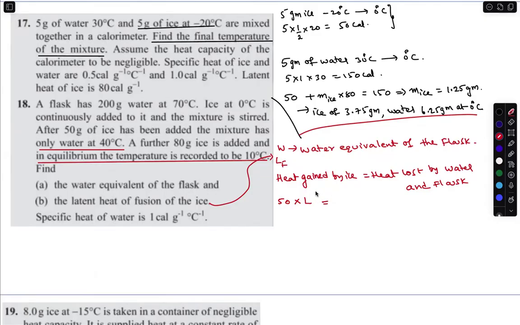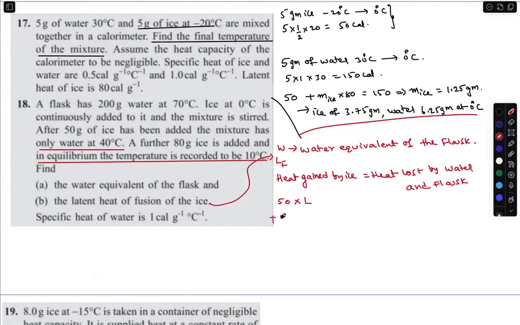One more important point is that ice at 0 is added continuously. 50 grams of ice has been added, and the mixture has only water at 40, which means the ice melted. That also you need to consider.